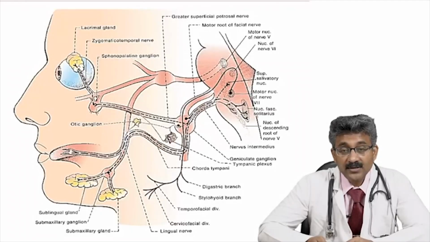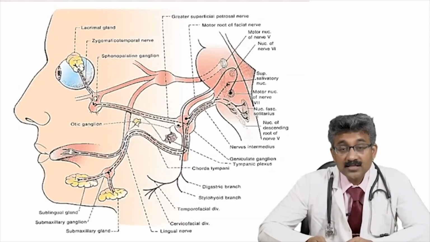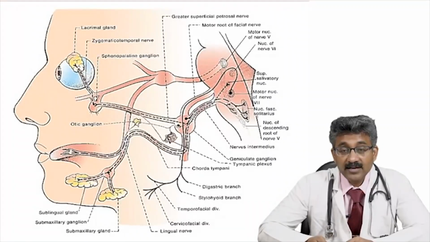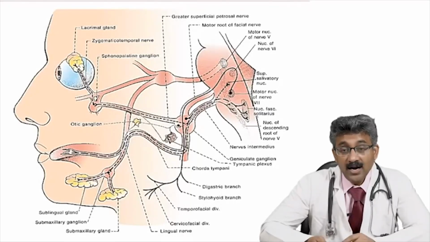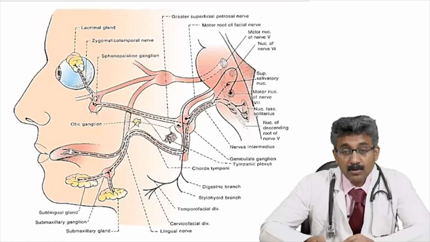Next, coming to the CP angle junction, the patient will have other cranial nerve involvement, like the eighth nerve in the form of deafness or tinnitus, and cerebellar involvement, so the patient will have ataxia. One more thing: in the intrapontine region there won't be any taste abnormality, but plus or minus lacrimation affected or hyperacusis.